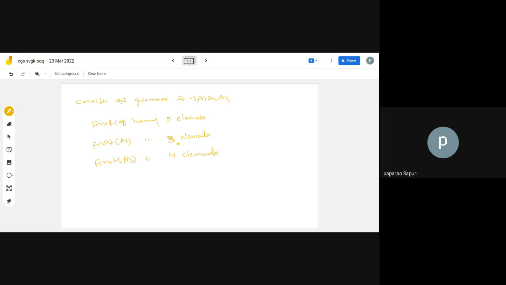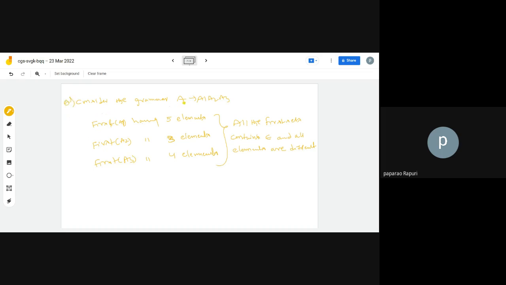All the first sets contain epsilon, and all elements are different. So this is the previously asked GATE question.